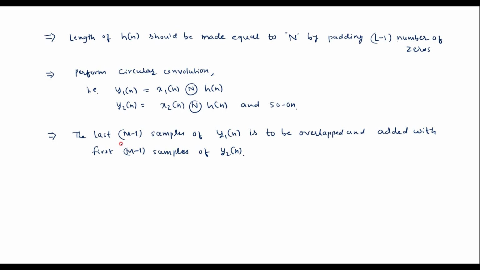Similarly, the last m minus 1 samples of y2 of n is to be overlapped and added with first m minus 1 samples of y3 of n, and so on.